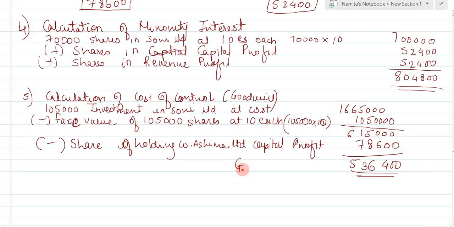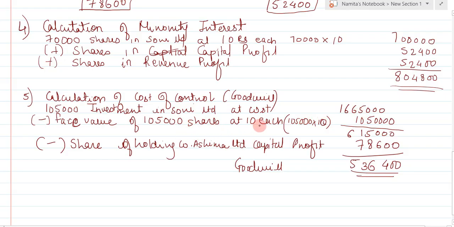This is goodwill, and we have to transfer this goodwill to the asset side in the consolidated balance sheet. See, for the calculation of cost of control, first take the number of shares in Sony Limited at cost. The cost is 16,65,000. Then reduce the face value.